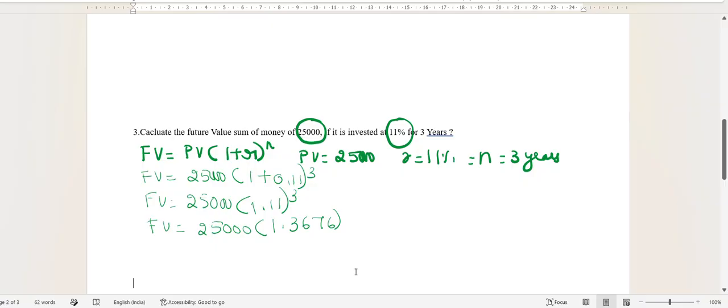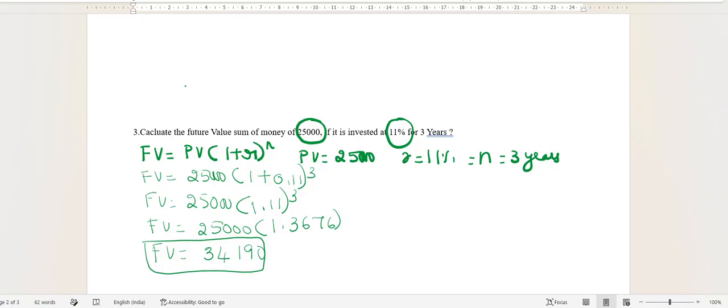So 25,000 multiplied by 1.3676, my future value will be 34,190. So this is how we calculate future value in the case of lump sum amount.